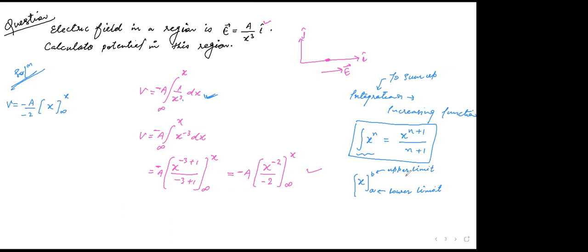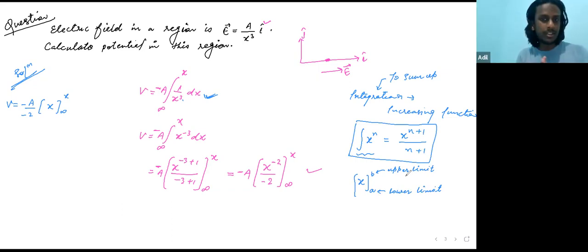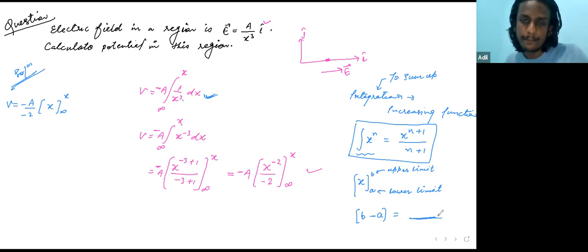We always put the upper limit first, then the lower limit, and we subtract them from each other. At the position of x, first we put b, then we put a, and we subtract them, and finally your value will be the final answer. Are you clear? Yes, sir.